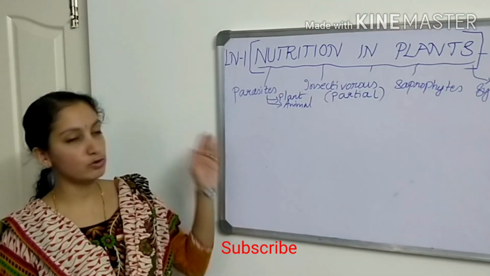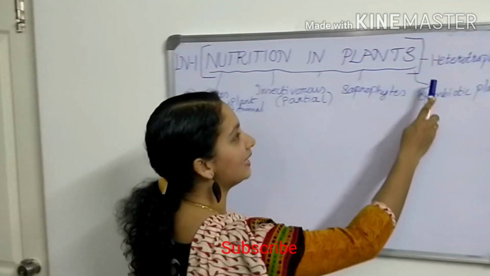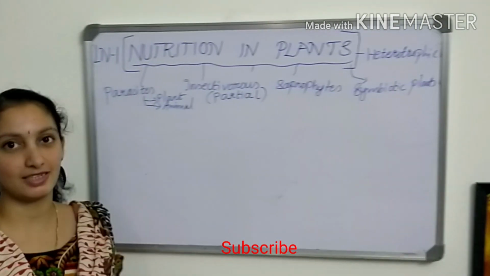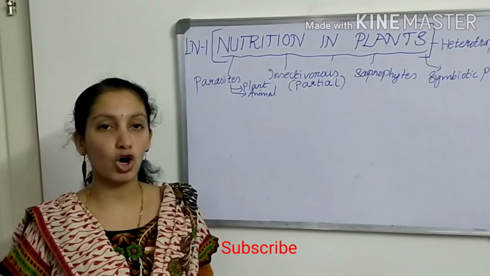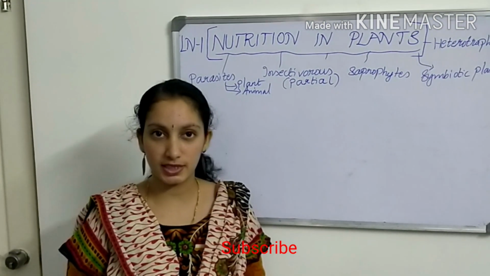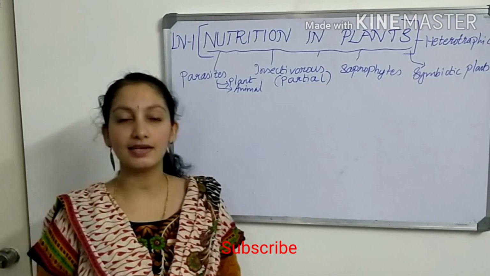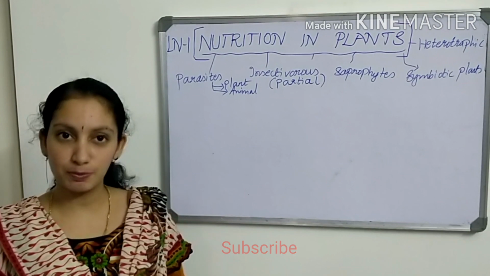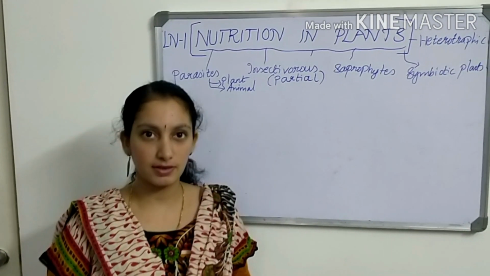So here we are moving to the second mode of nutrition, that is heterotrophic mode of nutrition. Heterotrophic means depending on green plants for food. Why? Because they don't have the green color pigment chlorophyll to produce food by the process called photosynthesis.